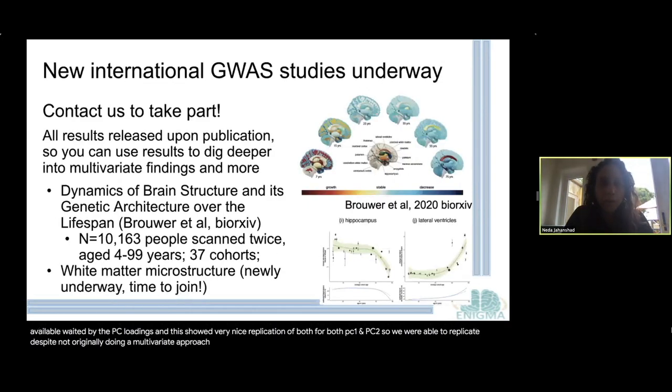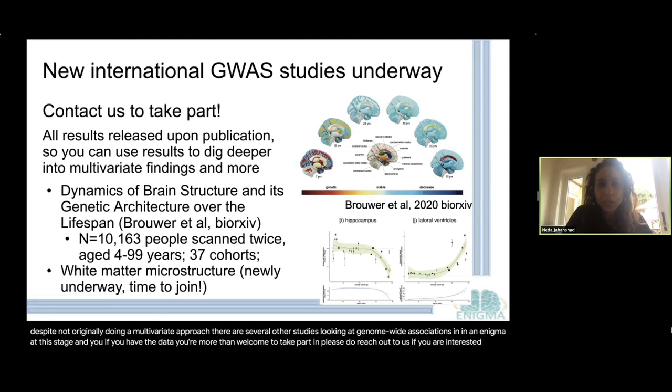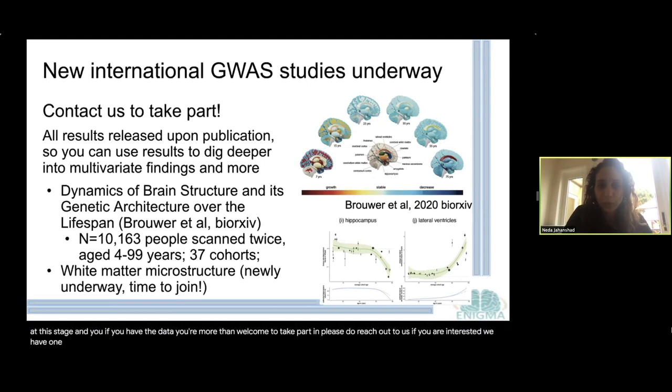There are several other studies looking at genome-wide associations in Enigma at this stage. If you have the data, you're more than welcome to take part, and please do reach out to us if you are interested. We have one work on bioRxiv already by Rachel Brower, who's first author, which looked at change in brain structure over time.